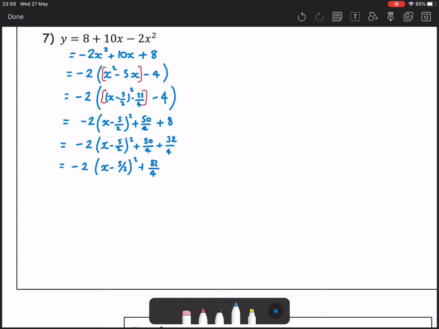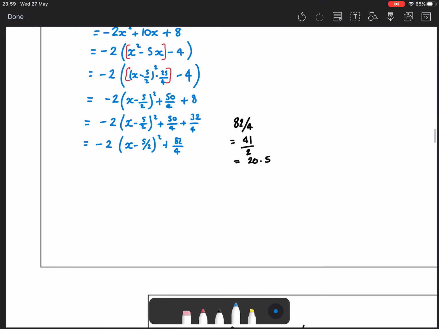And that will work out nice to carry a fraction. Certainly wouldn't be rounding it, but that will work out nice. So 82 over 4, 41 over 2, it's 20.5. So make sure that is either a fraction or an exact decimal, nothing rounded.